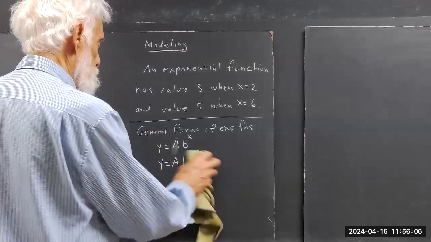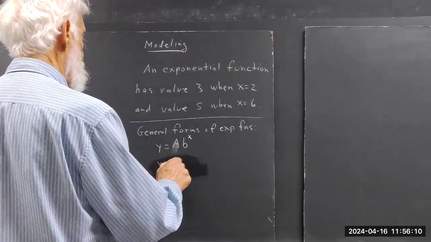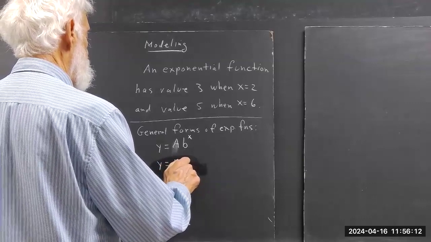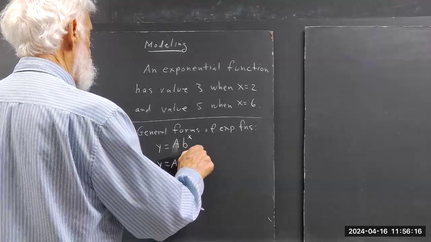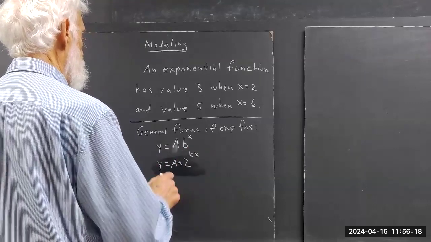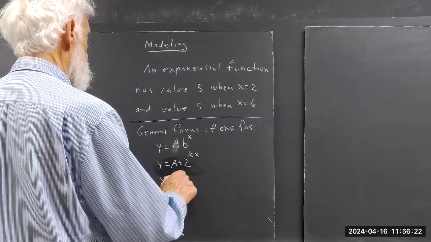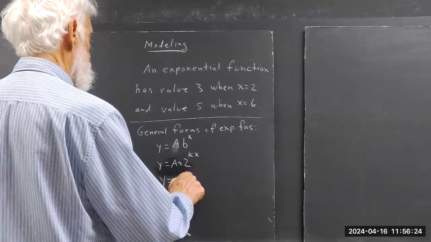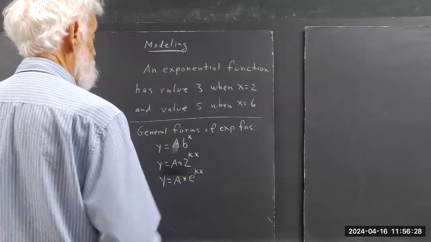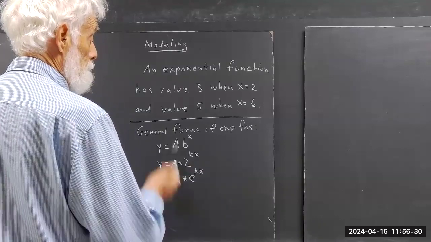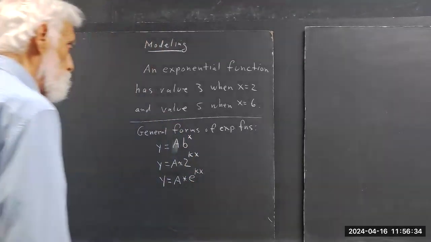Got to switch myself out of log one here. Y equals a times e to the kx. These are 3 valid forms of the exponential function.